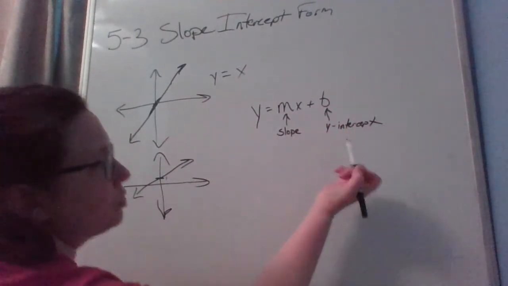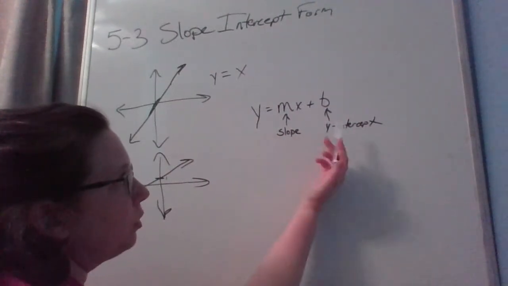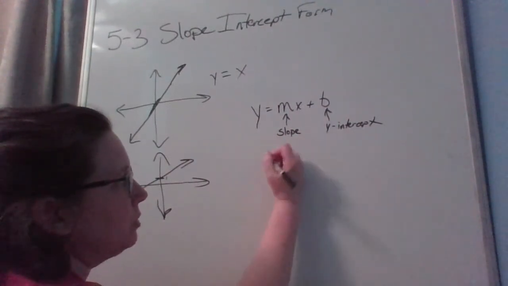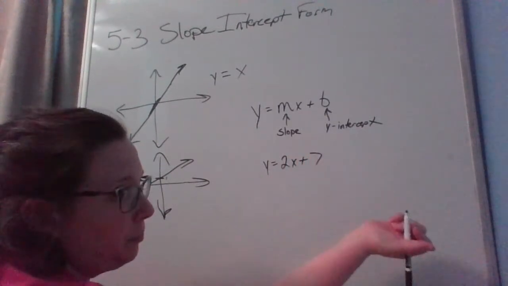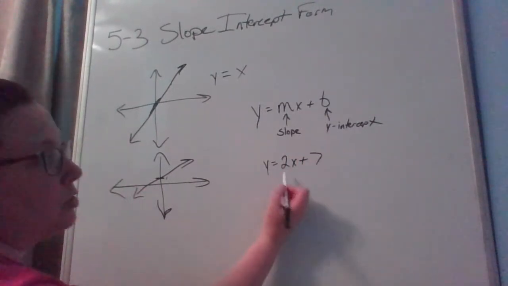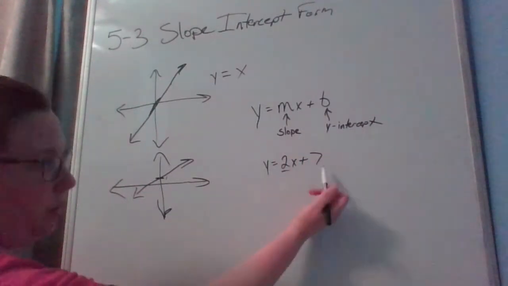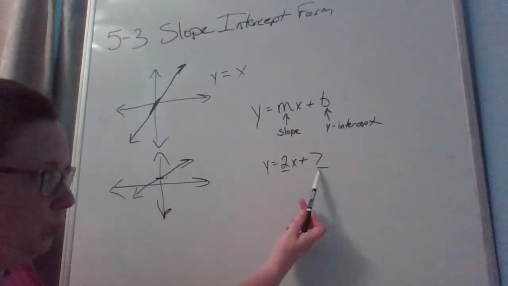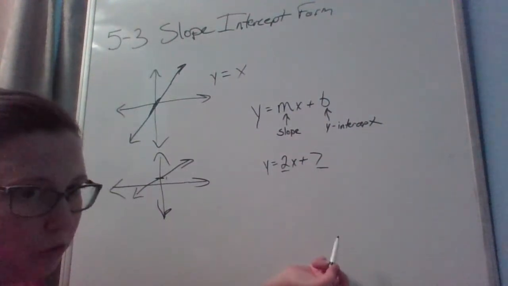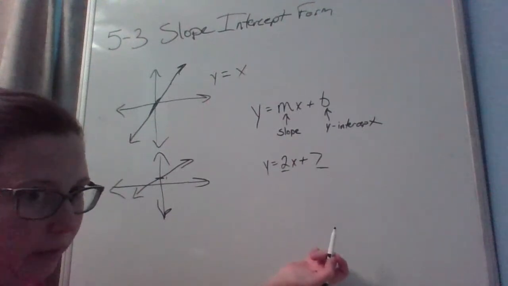So we are super familiar with equations that are set up like this. For example, we could say y equals 2x plus 7. In this case, our slope would be 2 and our y-intercept would be 7. Using those two facts, we can actually graph our equation already.